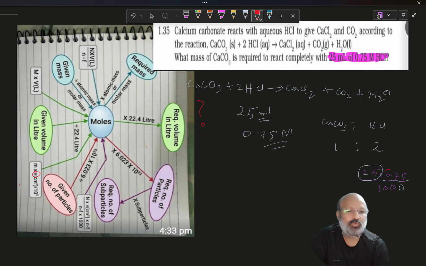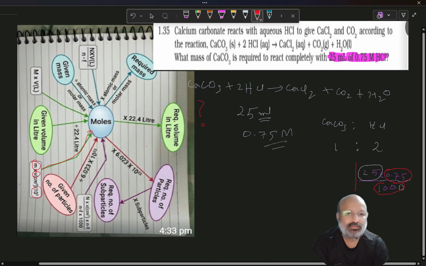And then that is the molarity. You can see this, and here is the molarity. And then divided by 1000. This is the 1000, you can see it here, and that is the 1000 I have written down. And you can see this operation will take you exactly to the mole. So when you do this entire thing, it will give you the moles of HCl.